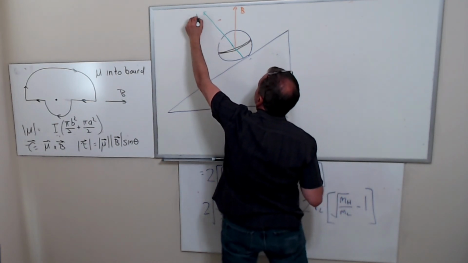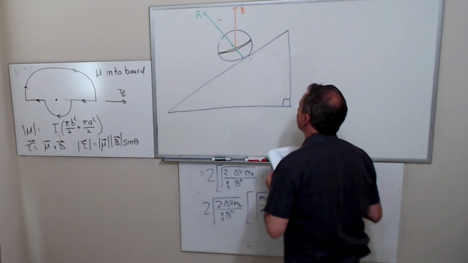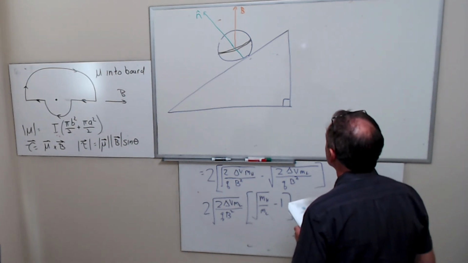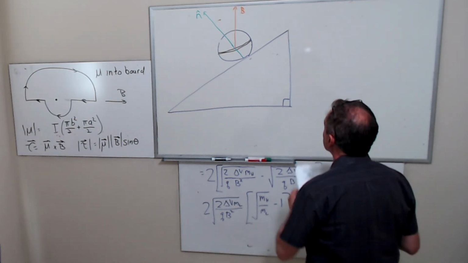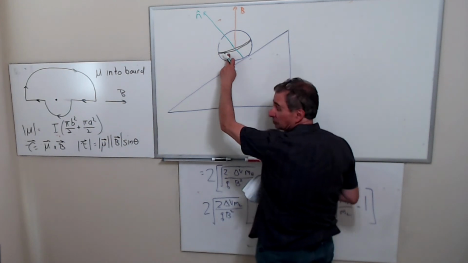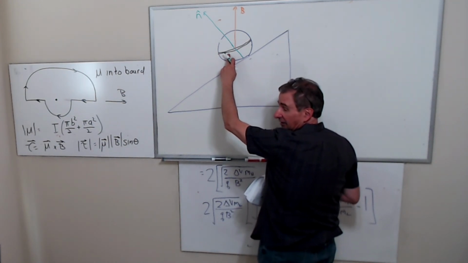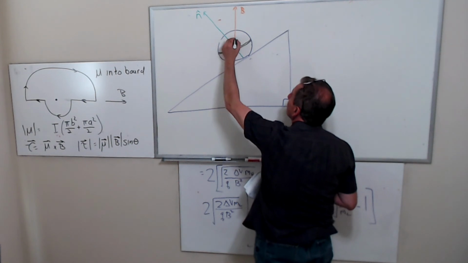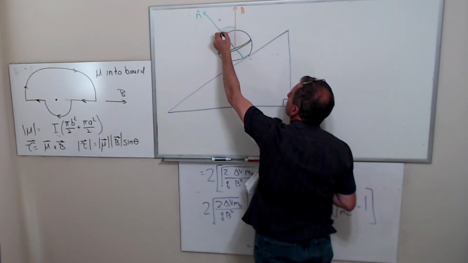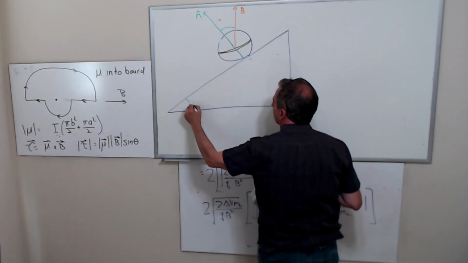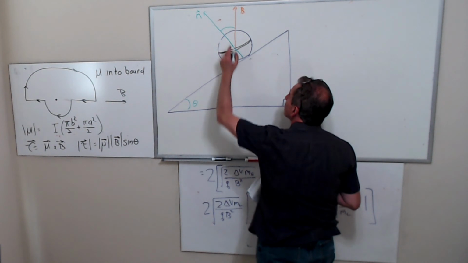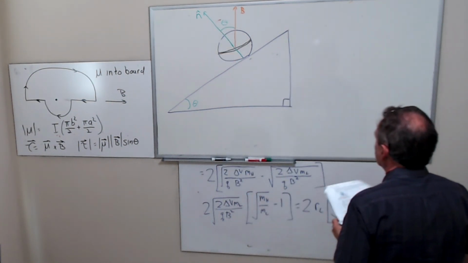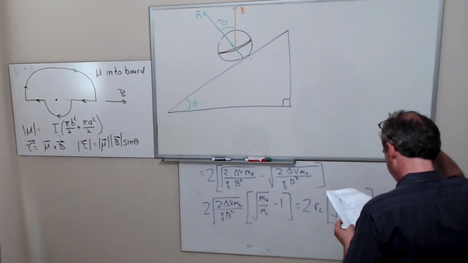That okay for the normal to the surface? It's going to help me with my coordinate system. The normal to the surface is also the normal to the loop, right? So that we know this. What's this angle going to be? Theta. Okay, good. All right.